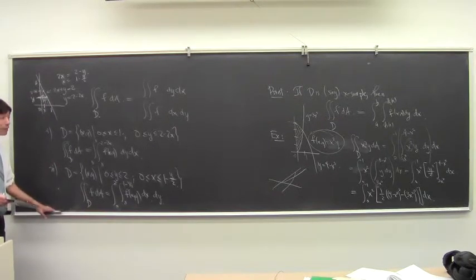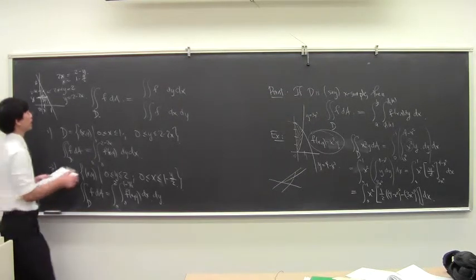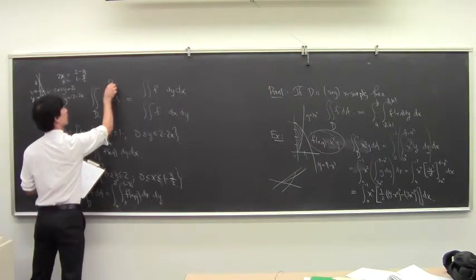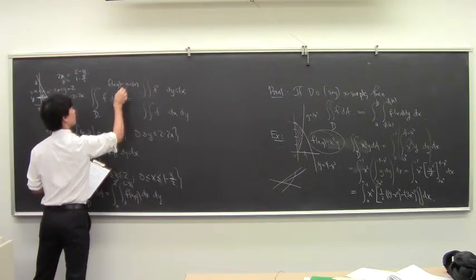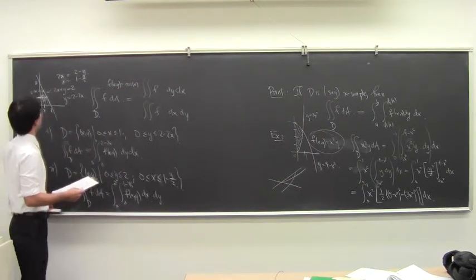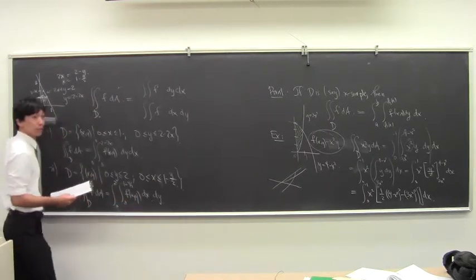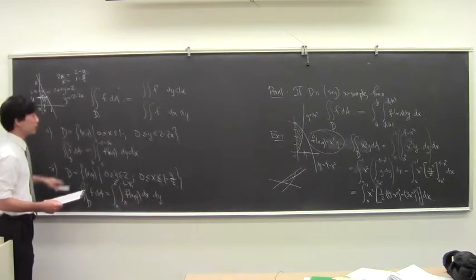What then is f of x, y? It's just some function. If you like, I could have given you a function, say cosine x. So you can't know the function from the graph? No. This is just the domain of the function, which is a function of two variables.